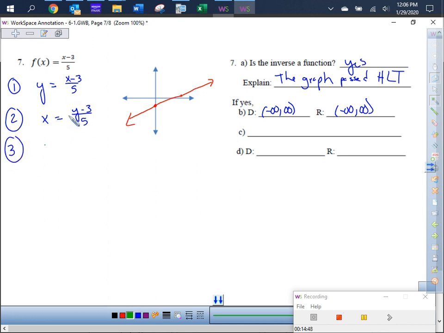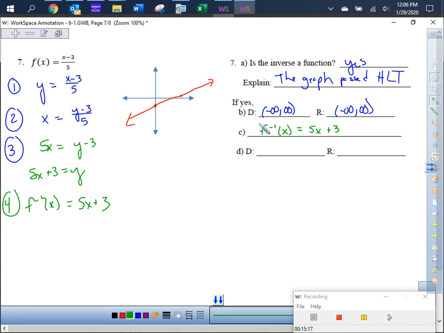When you have an all over like this, you can get rid of that first. So that'd be 5x equals y minus 3, and then you just add 3, so 5x plus 3 equals y. And don't forget step 4 is switch y to f inverse of x. So nice. F inverse of x equals this.